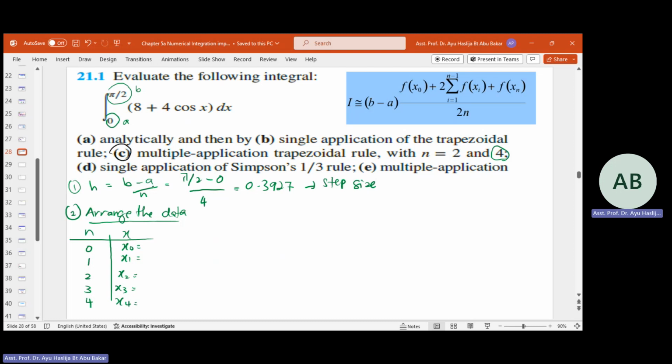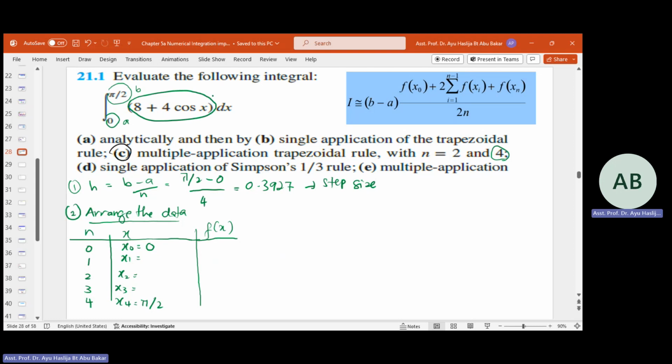The range is between x0, which will be 0, and x4, the last point, which will be pi over 2. Okay, that is your range. Then after that, you find your f(x) values. f(x) is the function.